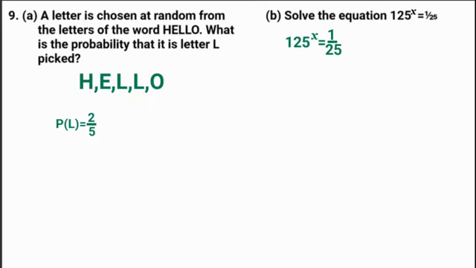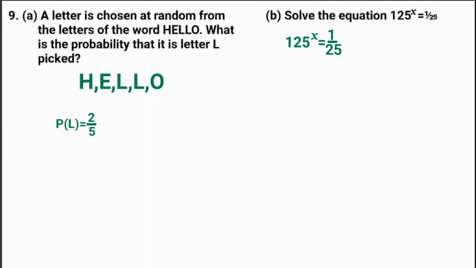For us to solve this one, the first step we need to do is convert this fraction into a power. We need to convert this fraction into exponential form. To do that, we're going to follow the laws of indices.